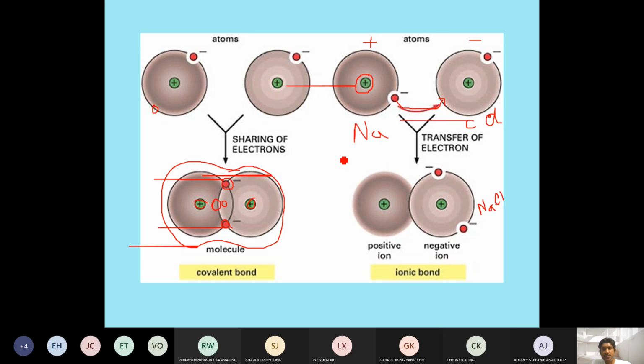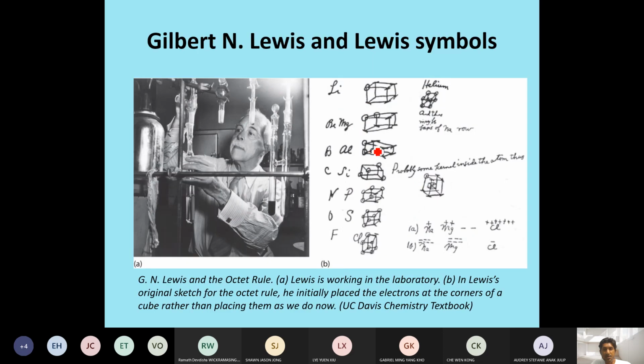So G. N. Lewis started to investigate how atoms form, or how molecules are formed. He was working in the lab, and he innovated a good way.